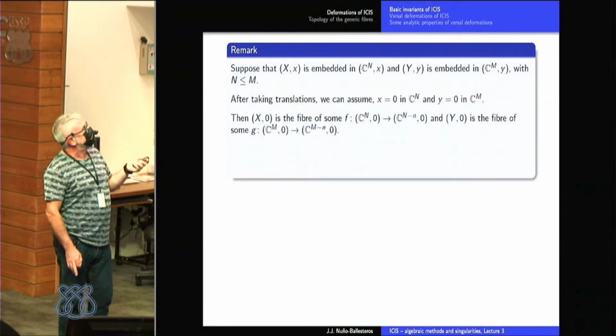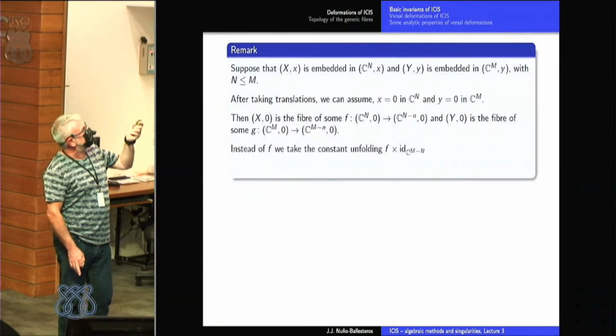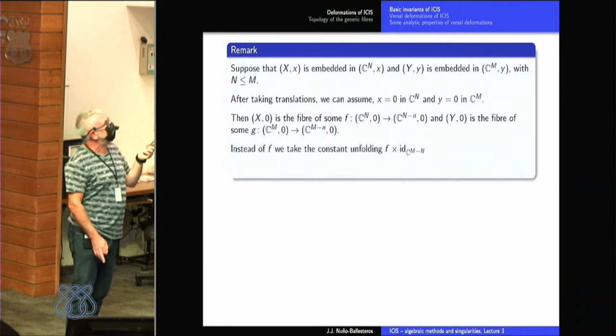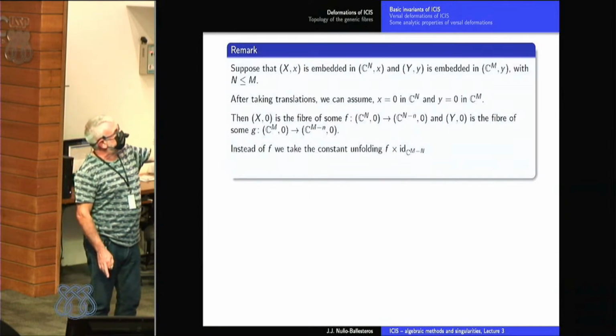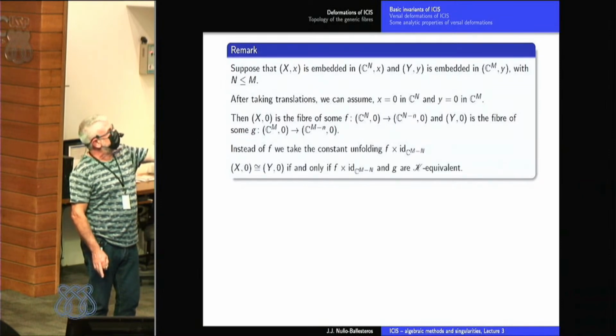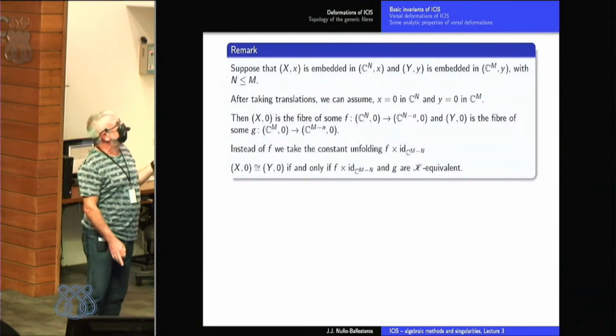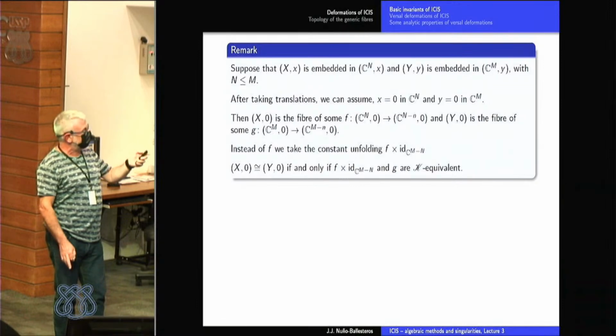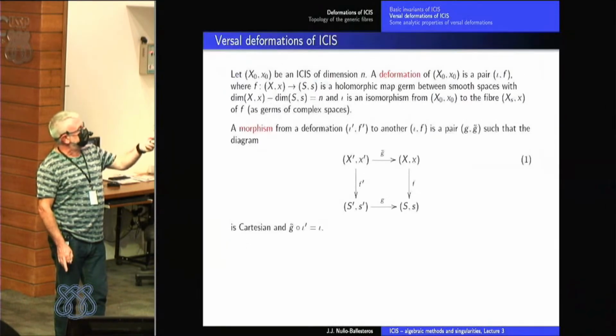And then if X is the fiber of some mapping F and Y is the fiber of some mapping G, where we assume capital N is less than or equal to capital M, then we can substitute F by the constant unfolding, which is F times the identity. So now we can apply the same criterion. So X and Y are isomorphic if and only if F times, oh, sorry.